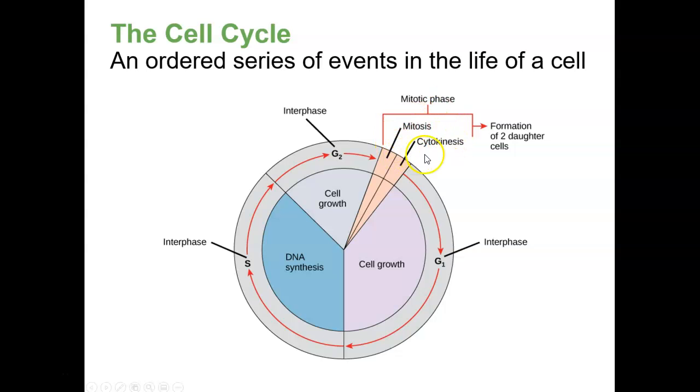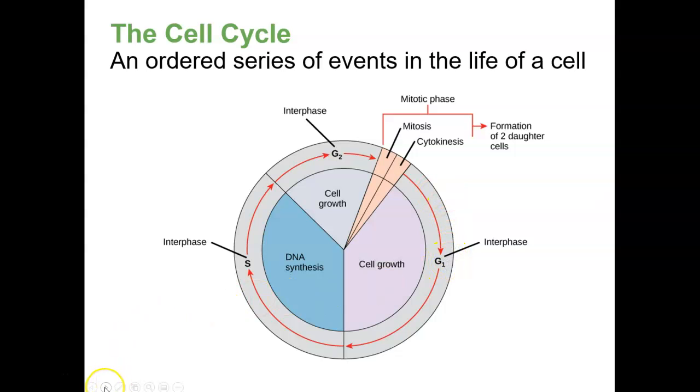Mitosis is when we divide up the chromosomes in the nucleus, and then cytokinesis is when we actually divide the cell into two. And then we have two daughter cells which will each start a new G1 phase.